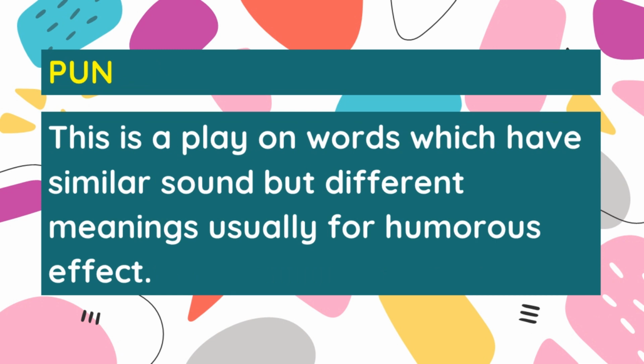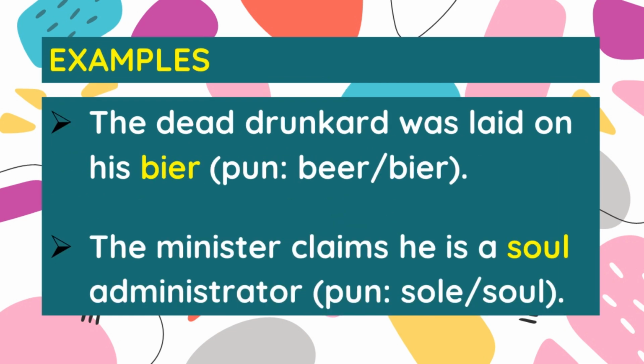Another figure of speech is pun. This is a play on words which have similar sound but different meaning, usually for humorous effect. Examples: the dead drunkard was laid on his bier.